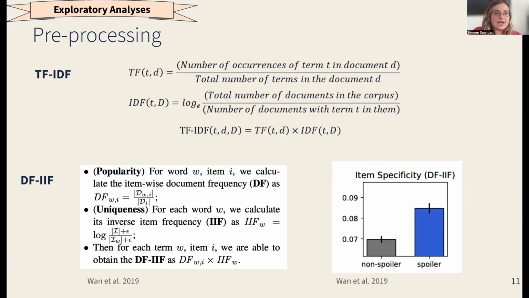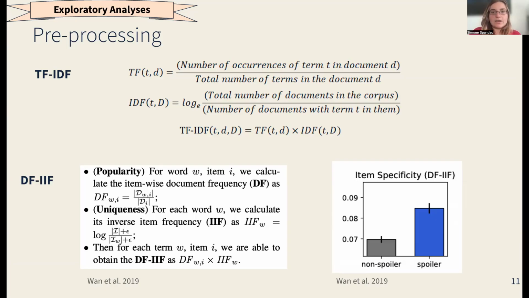We also looked at document frequency versus inverse item frequency, which tells us if a word is more rare or book specific. For a word, for item I, which is the book, we calculate the book frequency given that word. And then for each word, we look at the item frequency, so how rare that word is for that specific book.